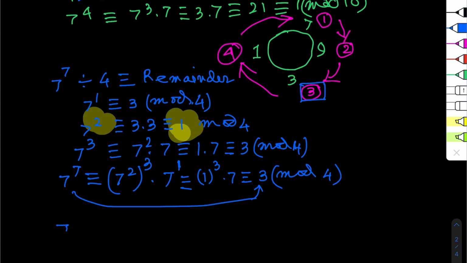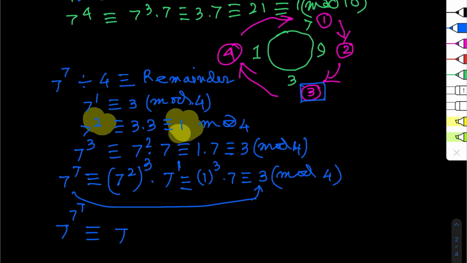So 7 to the power 7 is congruent to 3 mod 4, that means we can write 7 to the power 7 equal to 4k plus 3, where k is any positive integer.